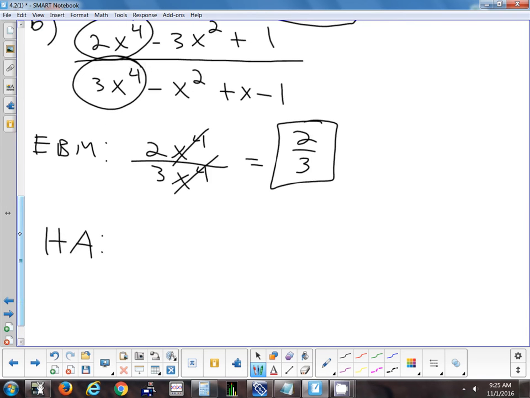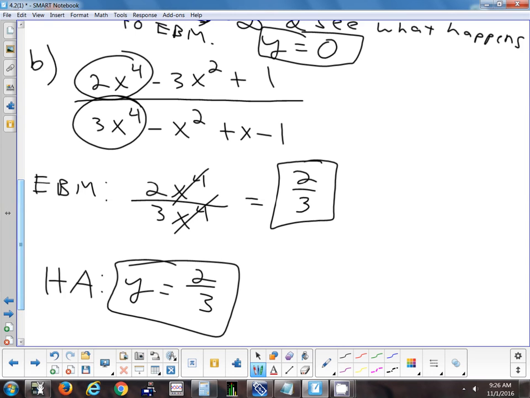As you let x get bigger and bigger in that fraction, 2/3, what does that fraction approach? It just stays at 2/3. There is no x in the fraction. So as x gets bigger and bigger, y always stays at 2/3. And that's your horizontal asymptote.